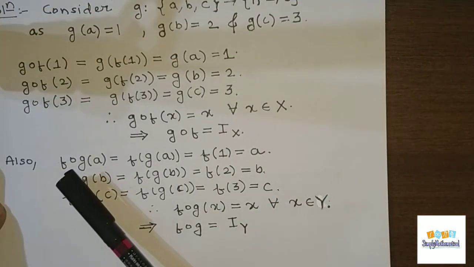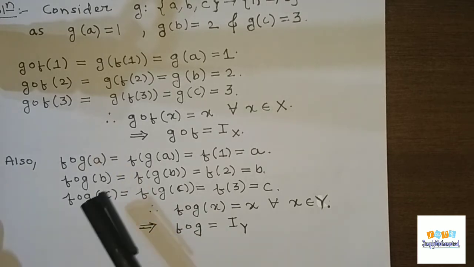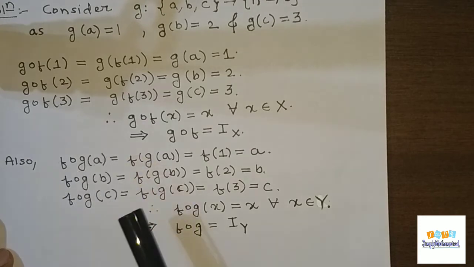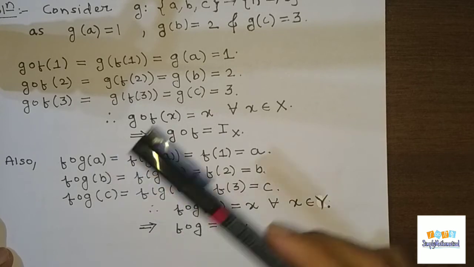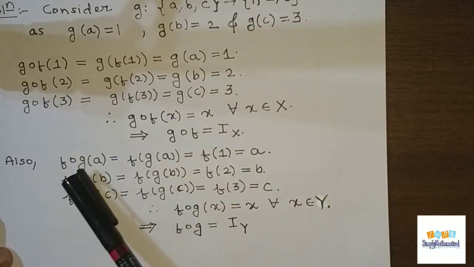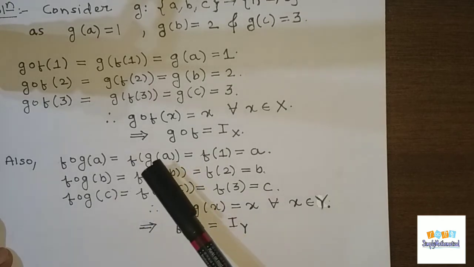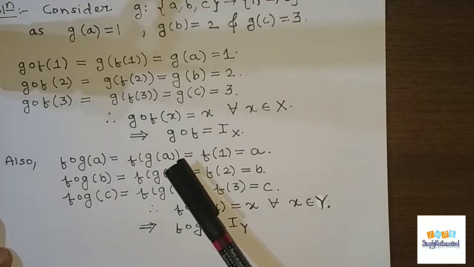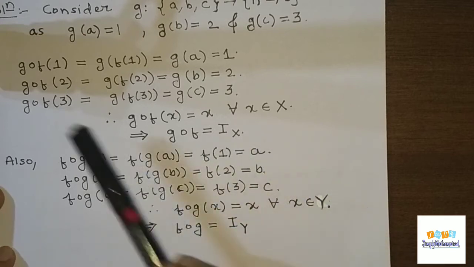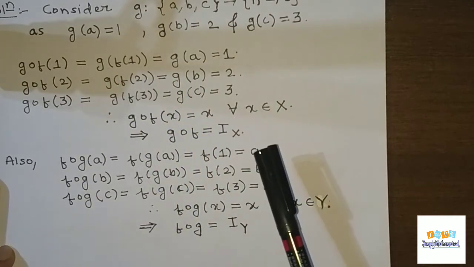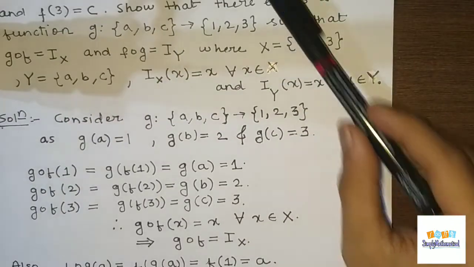Now look at the composition f composition g. You have to look at the composition at all the values of the domain of g. So f composition g of a will be equal to f of g of a, which is equal to f of 1, because g of a is 1 here, and f of 1 you know is equal to a.